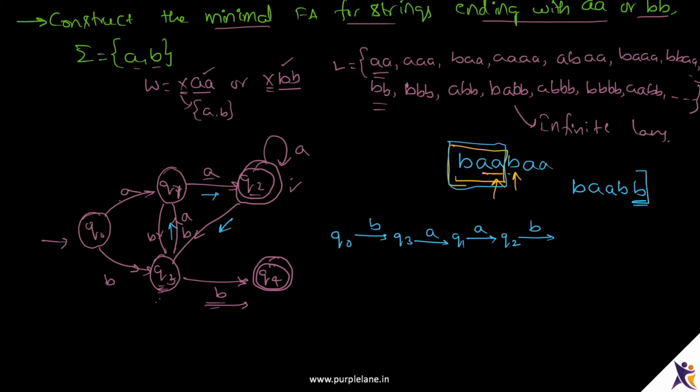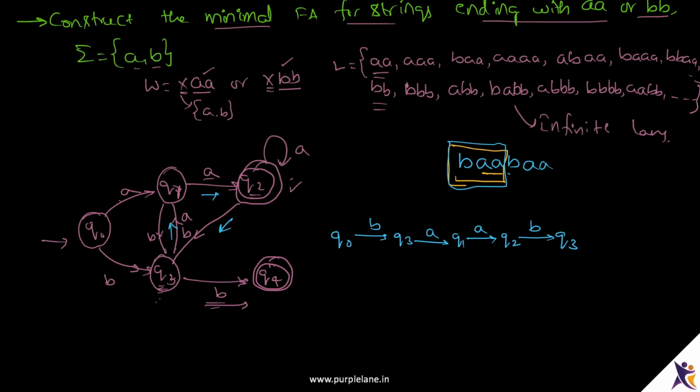So it goes to Q3 thinking that I will be seeing one more B from Q3 and I will reach the final state Q4 if this is my string, but this is not our string.